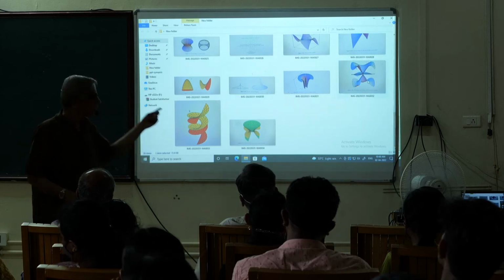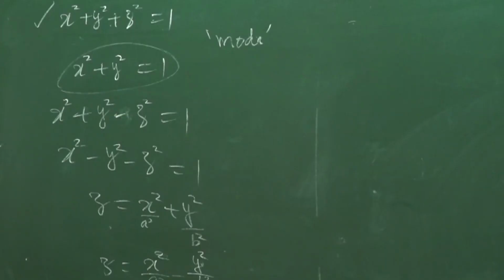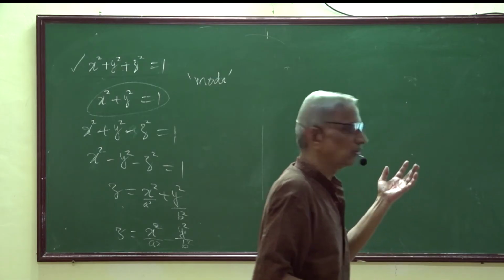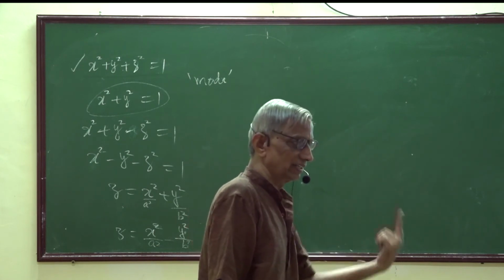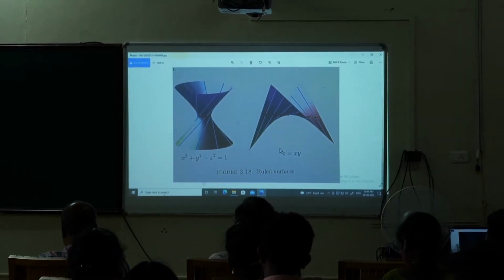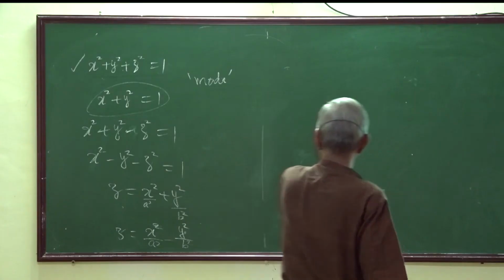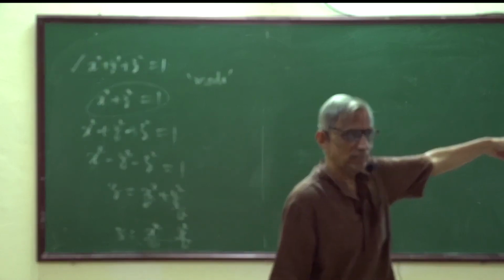If you look at this one-sheeted hyperboloid, it is made of straight lines. So the surface is entirely made of straight lines. That is what is called a ruled surface. Each one is a generator like that. If you take one of them and rotate it suitably. This is another version of the last one, the one on the right hand side.